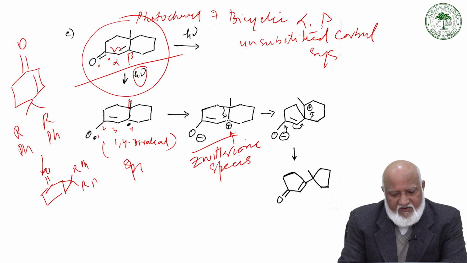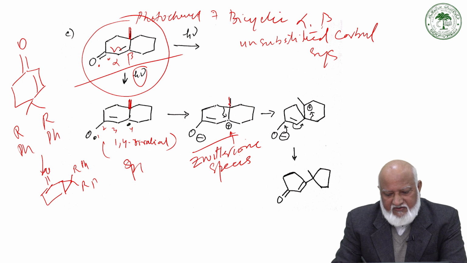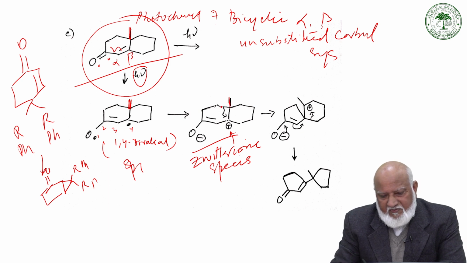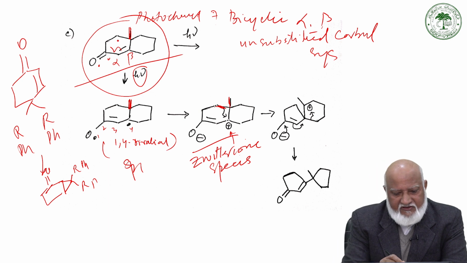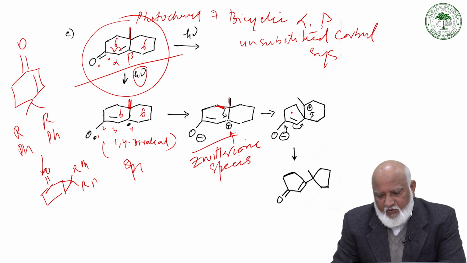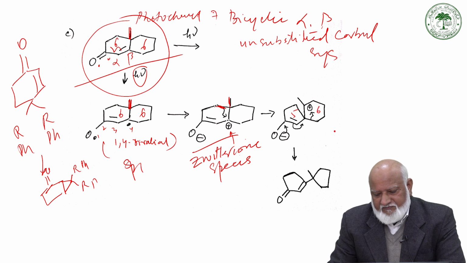So there is a methyl group at the ring junction. So this transforms to a more stable one by shifting of this bond. So ring contraction. This is a 6-6 system. This is again a 6-6 system. Now it's going to be a 5-6 system.